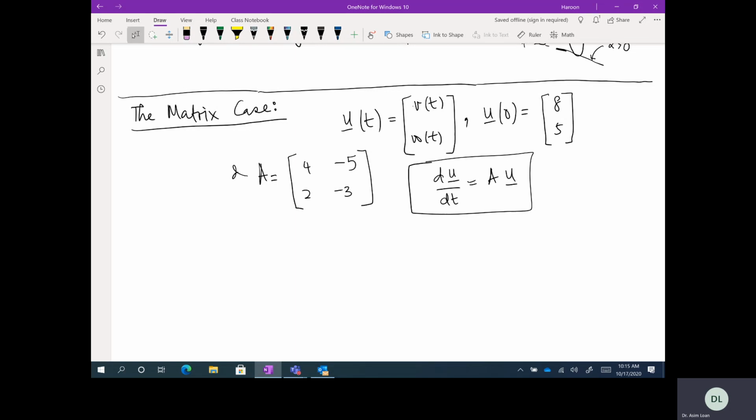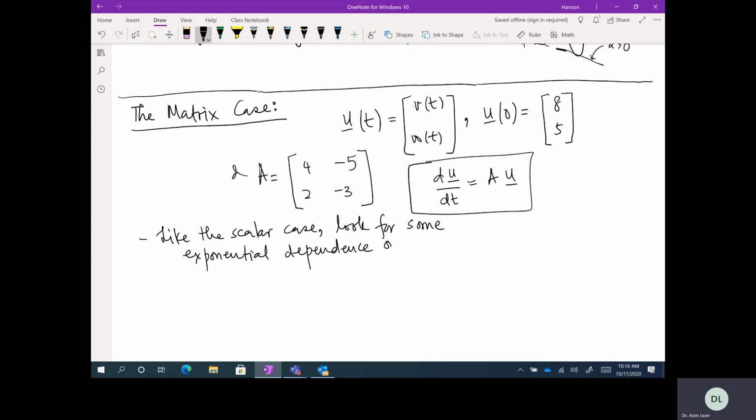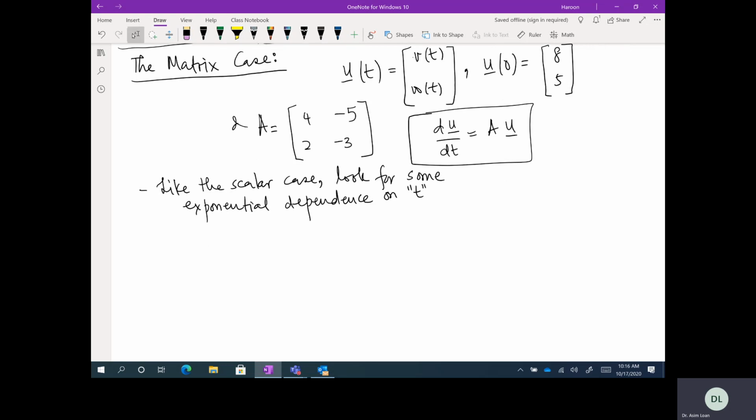So just like the scalar case, look for some exponential dependence on t.